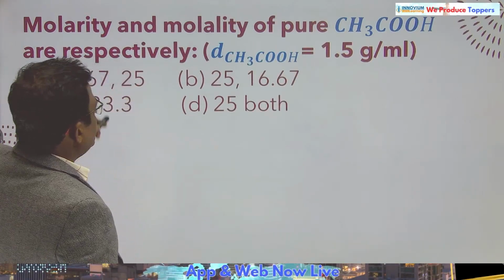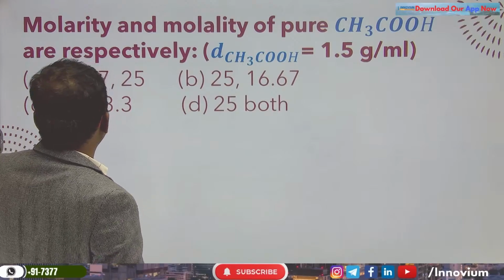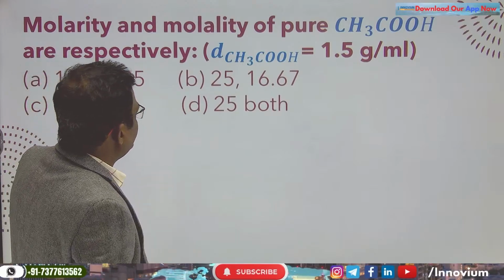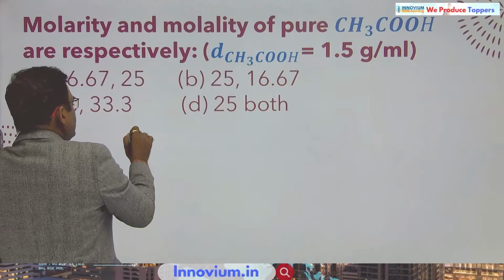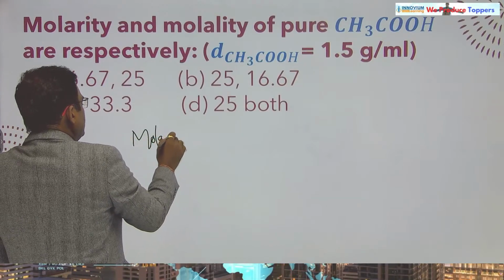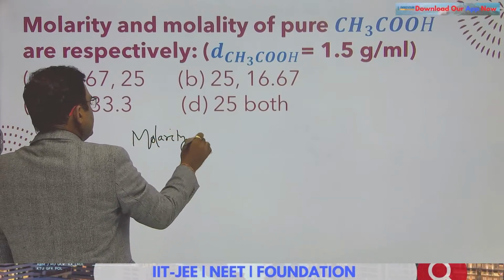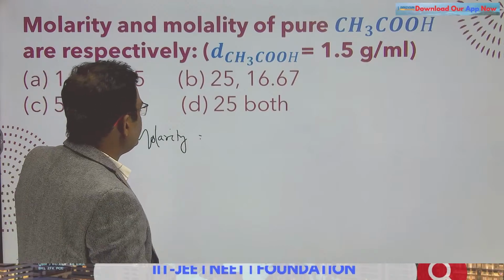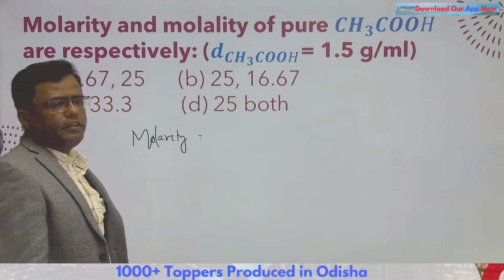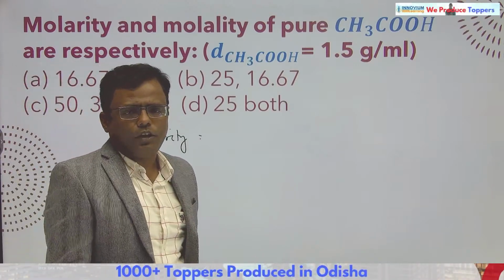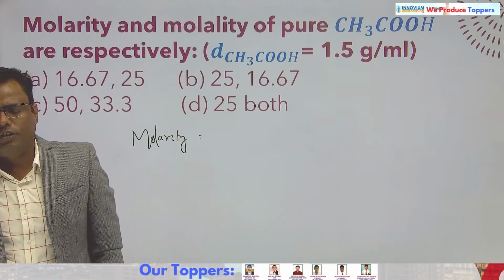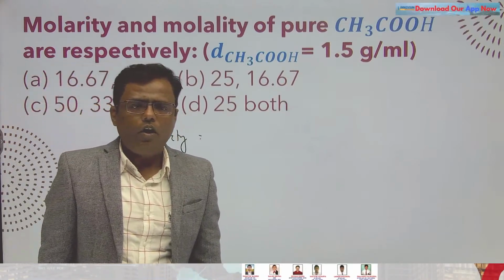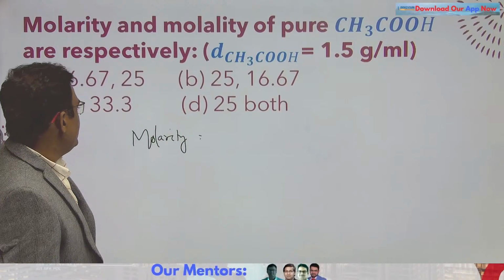Molarity and molality of pure acetic acid are respectively. So you see, for molarity, what is the definition? Definition is number of moles of solute present in 1000 ml or 1 liter of solution.